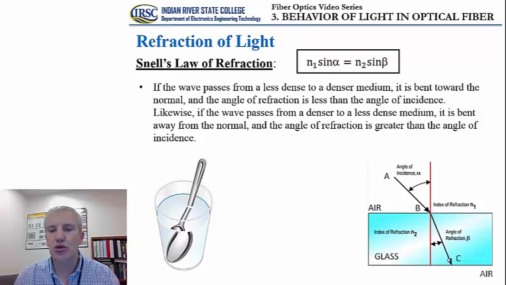That is the case that's shown on this slide. On the other side, if the light propagates from optically more dense material, in other words, the index of refraction of the first material is higher than the index of refraction of the second material, in such a case, light is going to bend away from the axis.